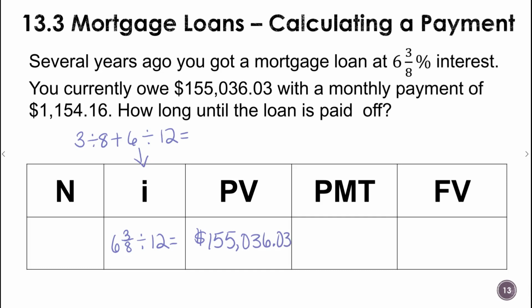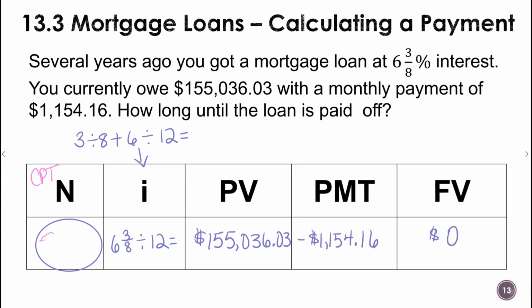And then our payment amount is $1,154.16. Future value, we want it to be a 0. So we're going to compute in, right? And that number ends up being 236 payments.